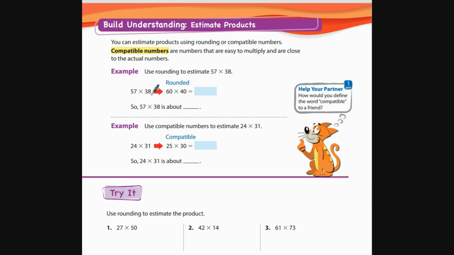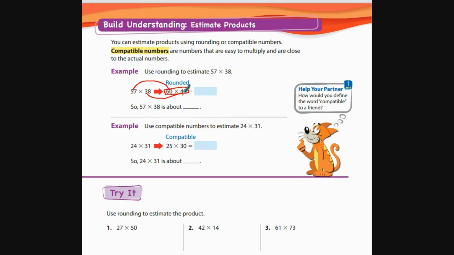Remember, it has to be either 1 more or 1 less. So in this case, neither of them are. So what did they use? They used rounding. They rounded 57 to 60, and 38 was rounded to 40. So all I really have to do is multiply 60 times 40.